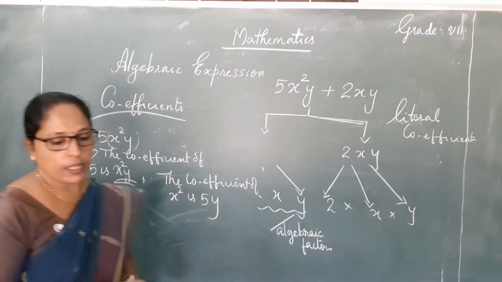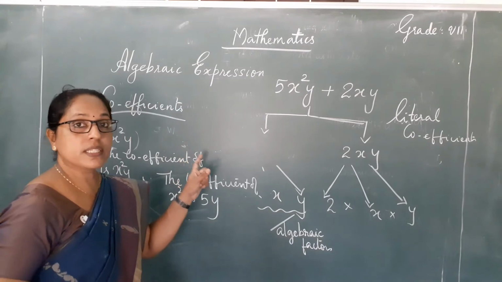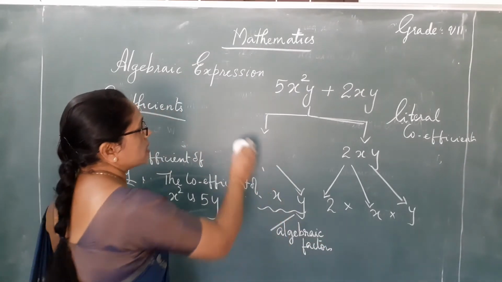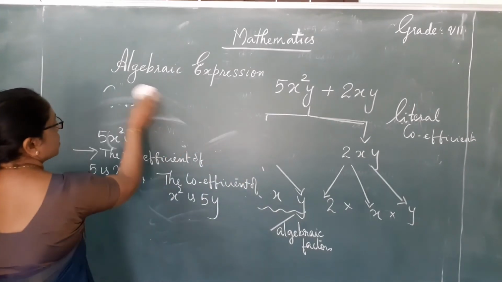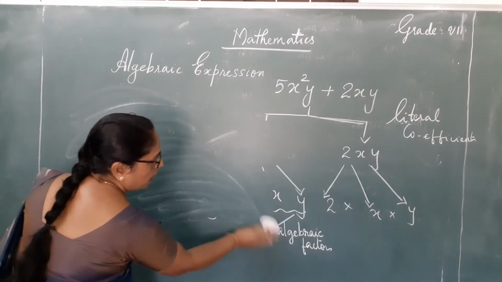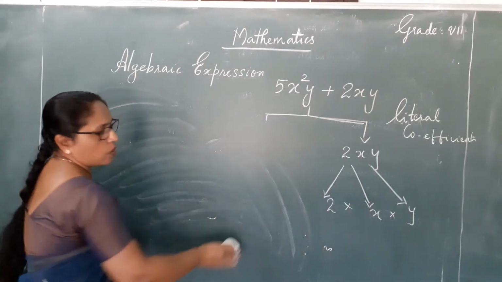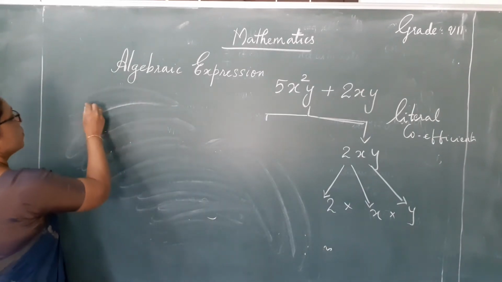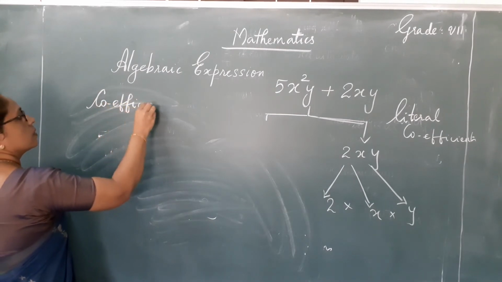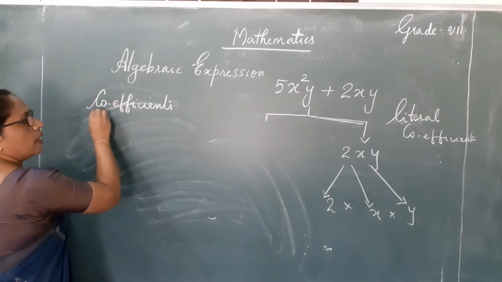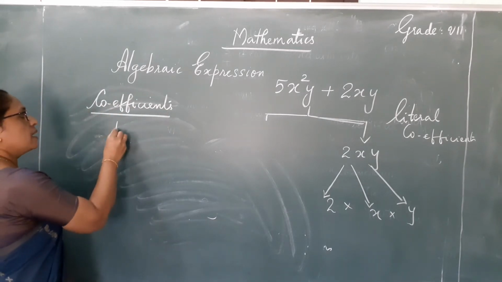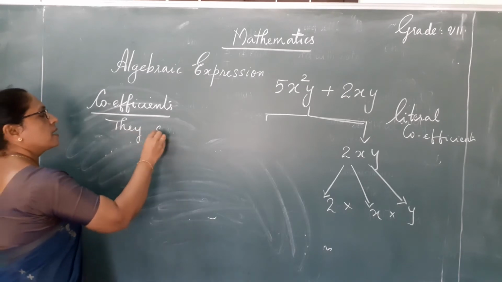So what do you mean by coefficient? Coefficients are factors in a term. There are two types of coefficients: numerical coefficients and literal coefficients.